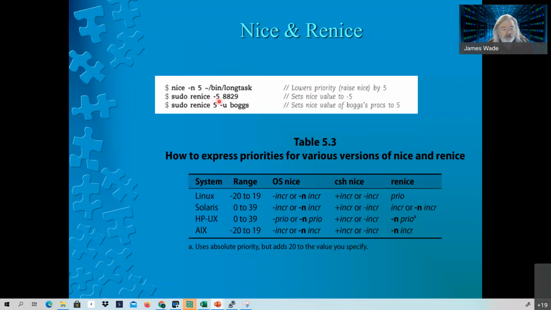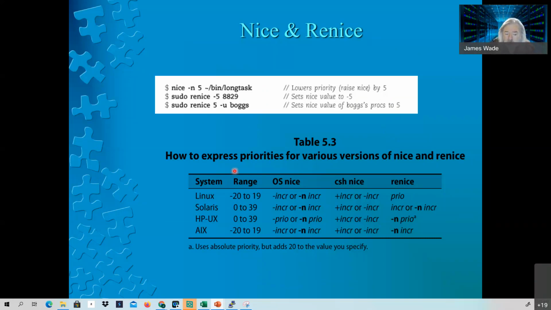Renice -5 sets the nice value to -5. And renice 5 for user bog sets the nice value of bog processes to 5. So I could do all the user's processes, I could do a specific process, or I could lower it. I could lower it or raise it, or I could just set it. These two are setting it, and this one is lowering or raising it.